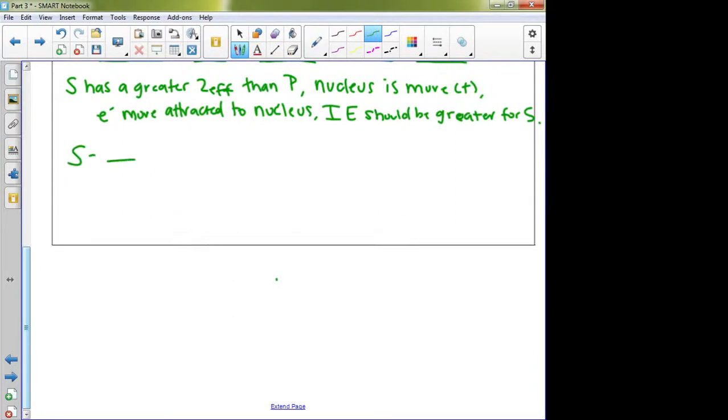Sulfur is 1s2, up, down. Well, let's just do its noble gas, or I'm going to be drawing this forever.